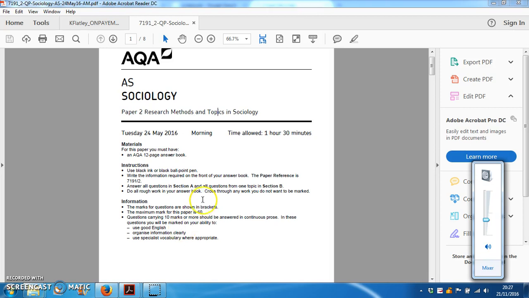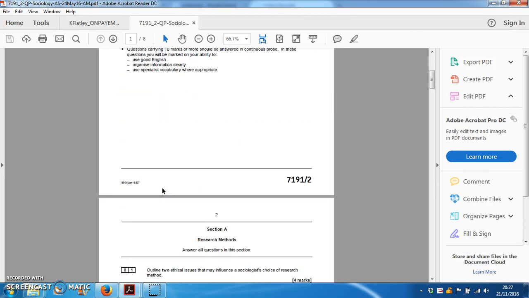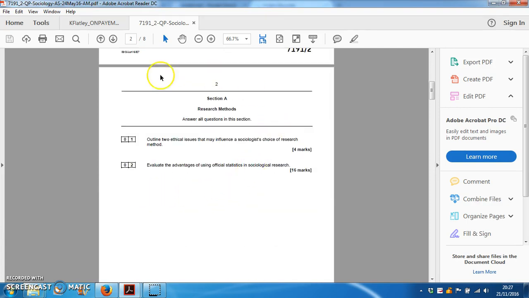Okay, so let's go and have a little bit of a look at the paper. So the first section is research methods, and they could ask you any question about any of the research methods as recommended on the specification. So for example, interviews, both unstructured and structured, questionnaires, observation, non-participant and participant, and overt and covert, any types of experiments, any type of secondary sources.